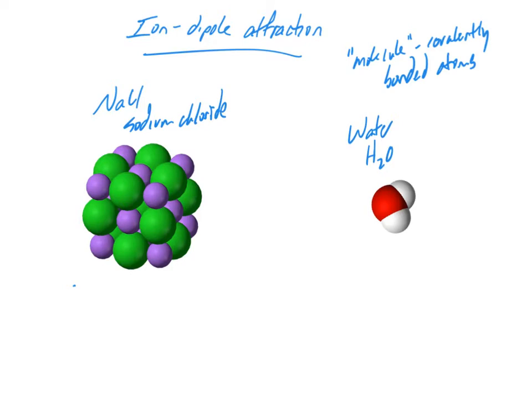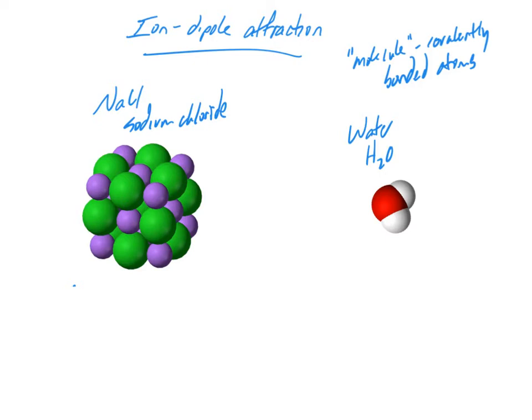We have to remember that in an ionic compound, the ions are attracted to each other, and although the formula NaCl corresponds to one sodium ion and one chloride ion, the ions clump together in zillions rather than just in one NaCl unit.